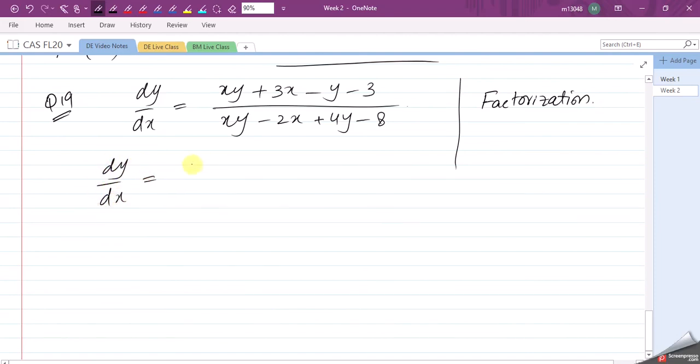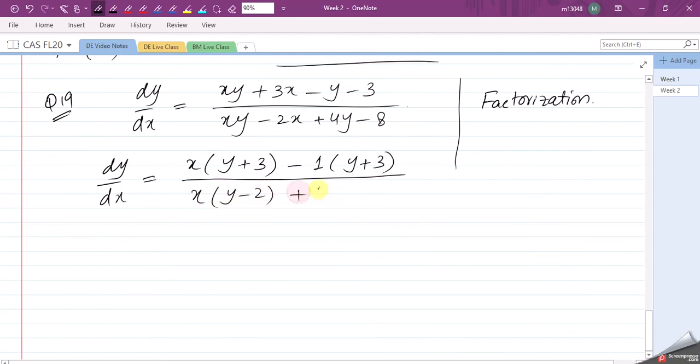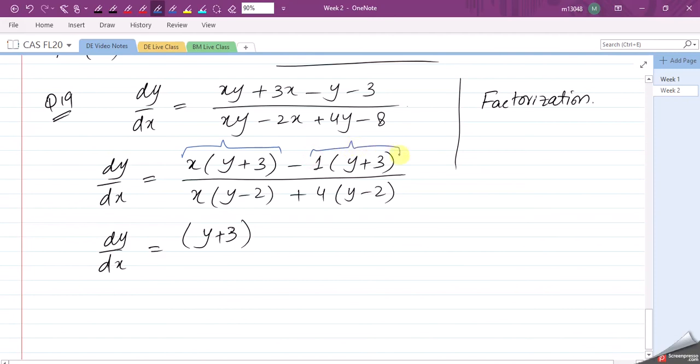dy by dx, x common, y plus 3, minus 1 common, y plus 3. Again, x common, y minus 2, 4 common, y minus 2. dy by dx, y plus 3 common from this one, and this one.